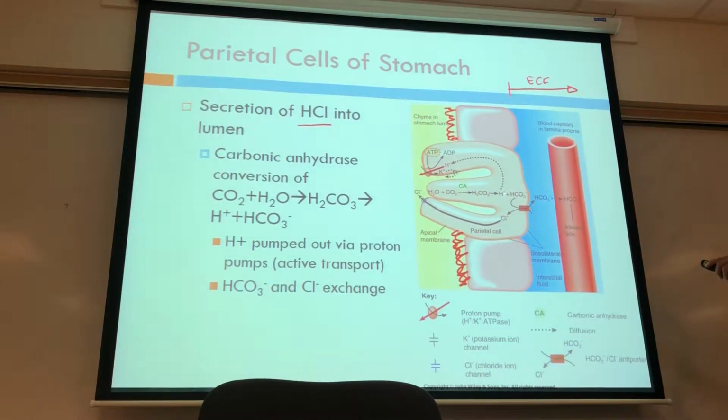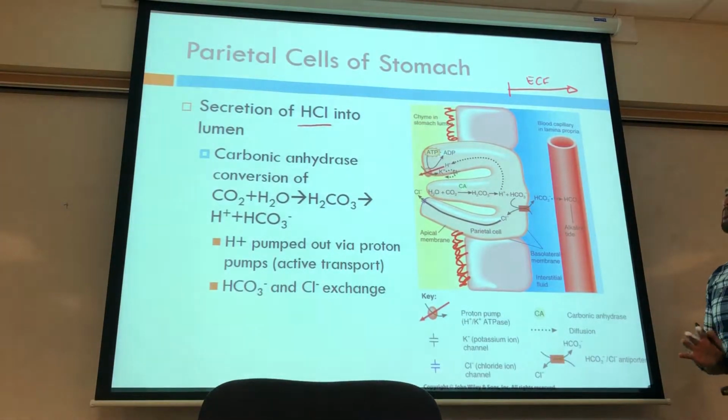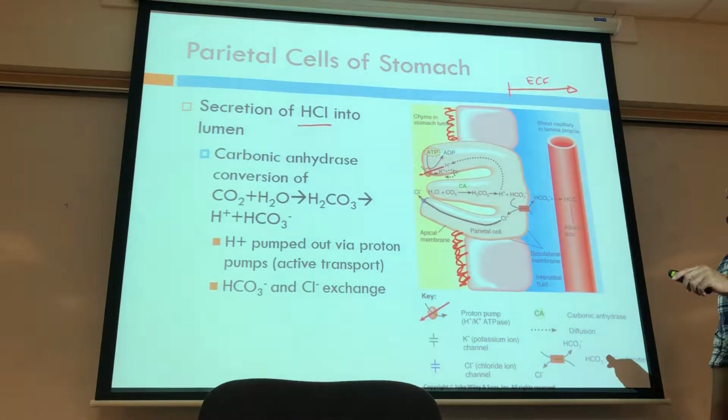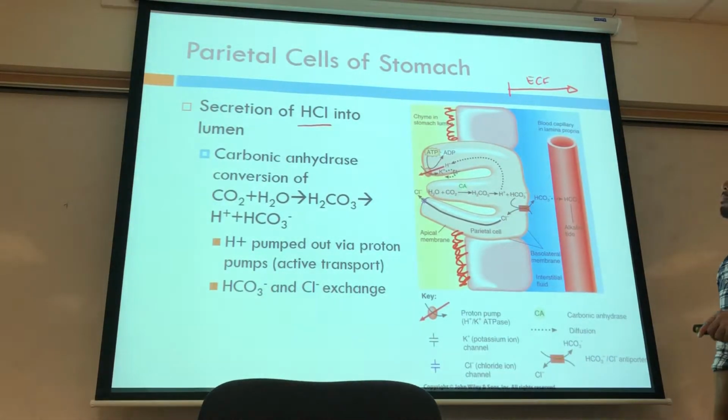Our hydrogen ion will make its way through, and then over on the apical side, we're going to see what's called a proton pump, similar to what you guys learned about for our sodium-potassium pump. But the key difference is we're allowing potassium in, but we're shooting out protons.